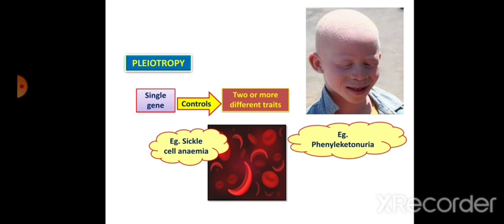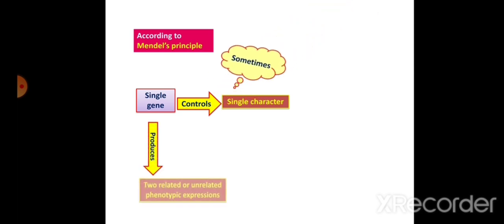According to the Mendelian principle, one gene controls the expression of a single character, but sometimes if the gene undergoes mutation, it may start controlling two related or unrelated phenotypic expressions, and then it is called pleiotropy.